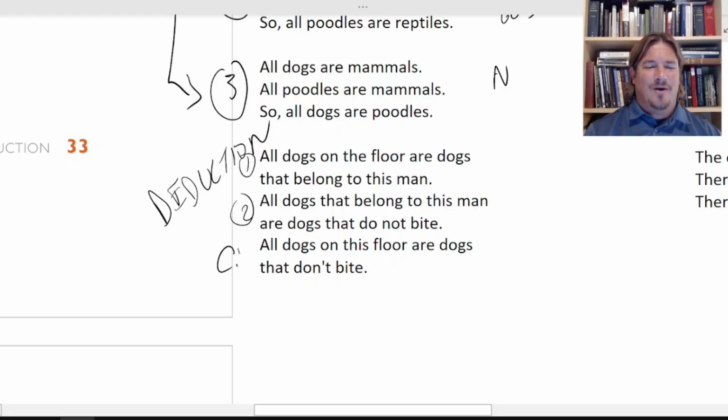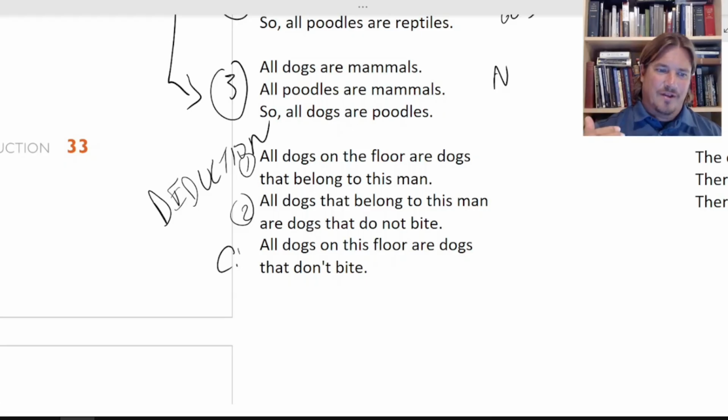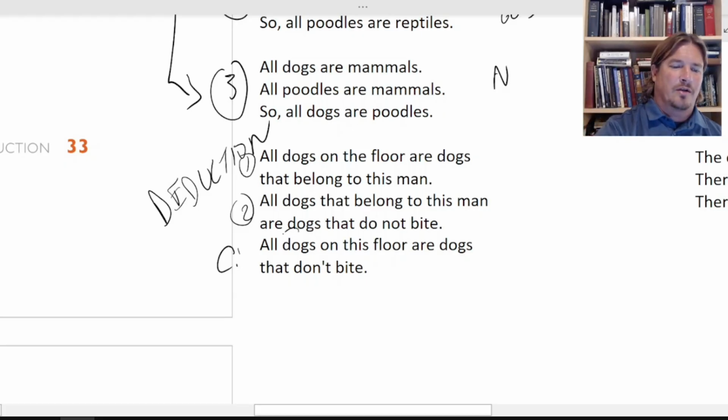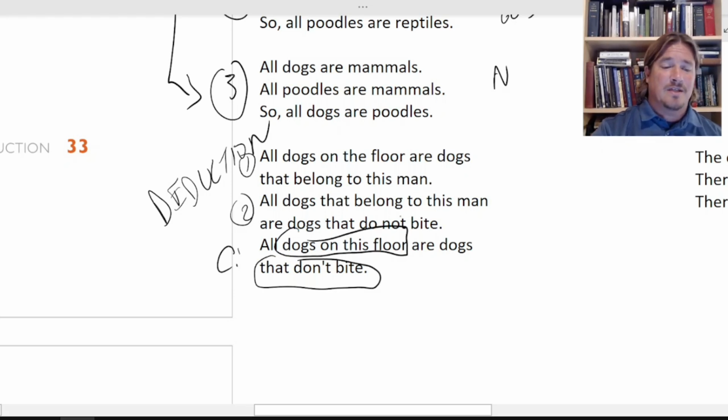Now, if that were an argument, which it is, it would have the structure of a deduction. Notice the conclusion, all dogs on this floor are dogs that don't bite, that same stuff is in the premises.